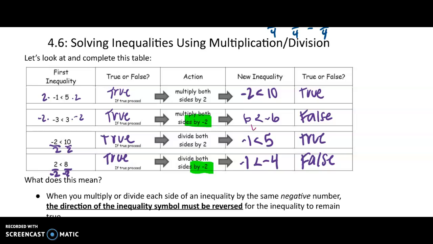We know that 6 is actually greater than -6, and we know that -1 is actually greater than -4. So our signs flipped. And we are going to talk about why that is here in a second.